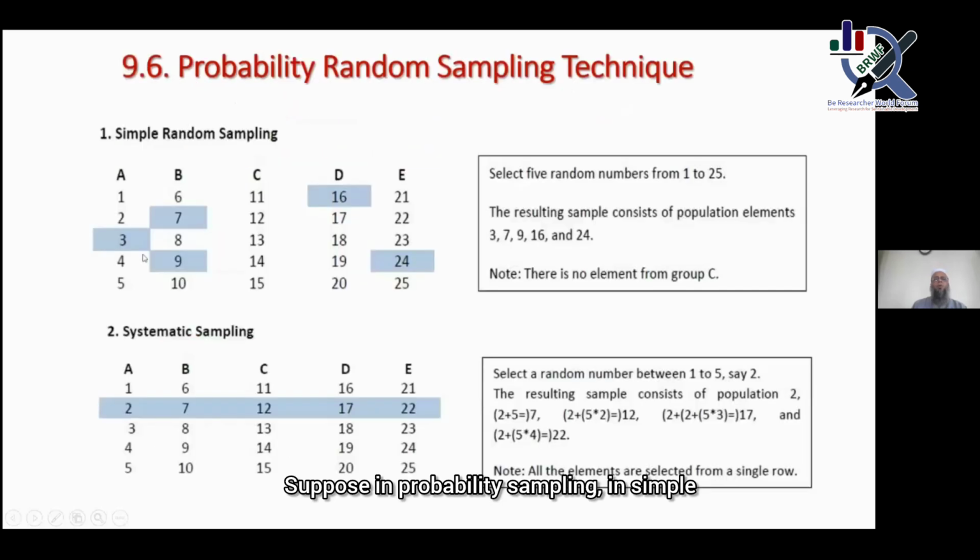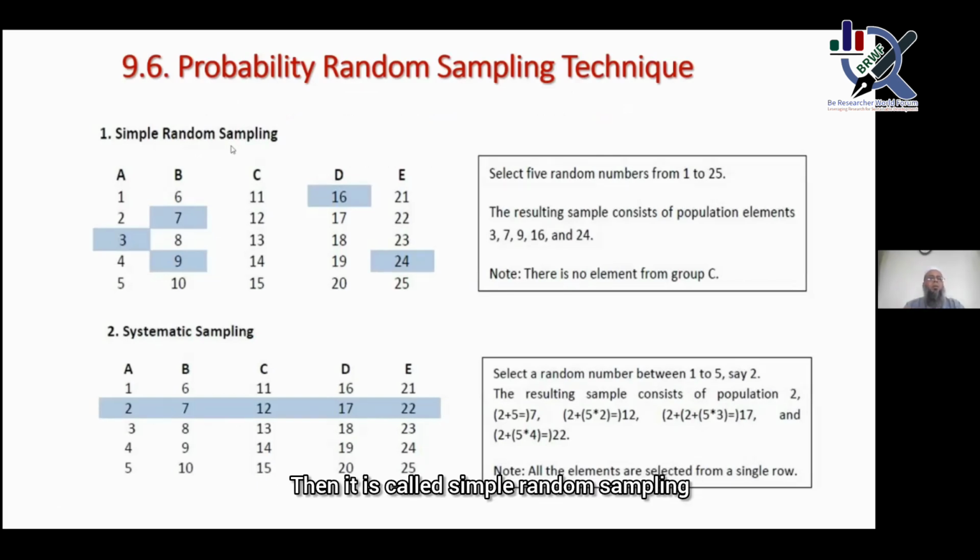Suppose in probability sampling, in simple random sampling, the population is 25 and we have to collect data from 5. In simple random sampling, you take the 25 population in one basket and take 5 altogether.